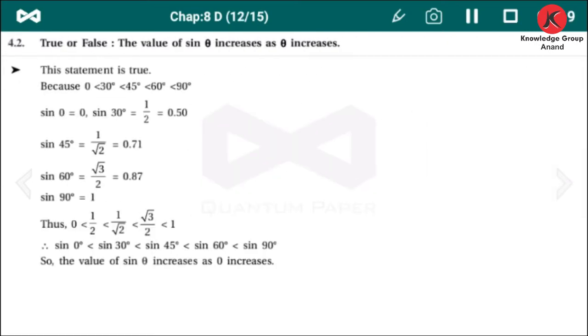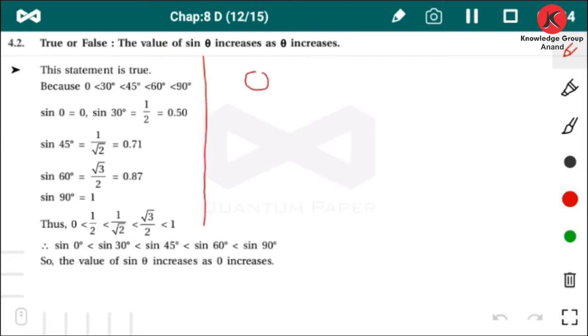Number second, true or false: the value of sin theta increases as theta increases. We know that for the angles 0, 30, 45, 60 and 90, these are our angle values.